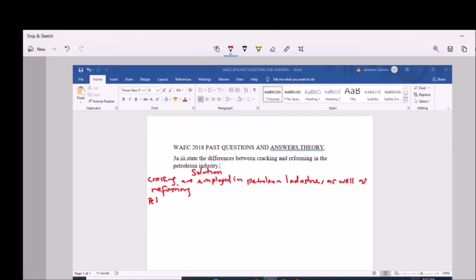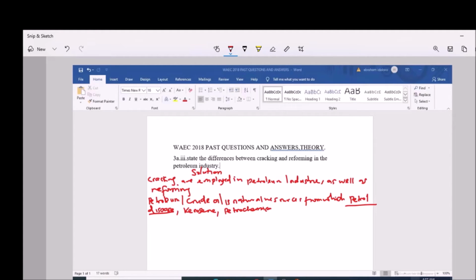Petroleum, that is, crude oil, is a natural resource from which we derive petrol, diesel, kerosene, and petrochemicals.